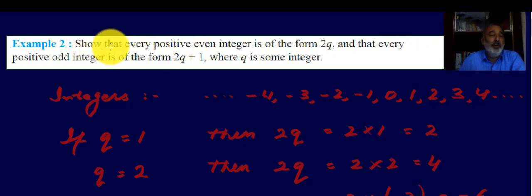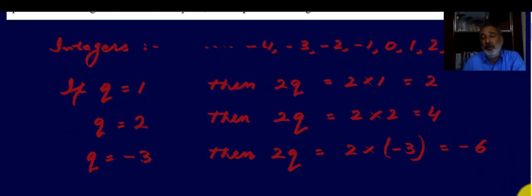Now show that every positive even integer is of the form 2q where q is some integer. We are taking positive integers only, so no need to put negative values.